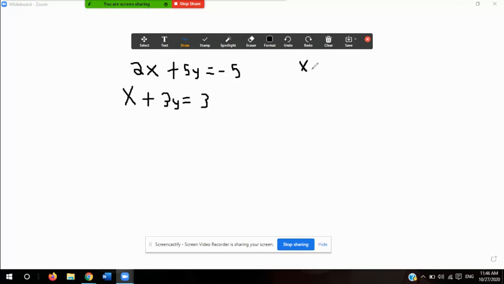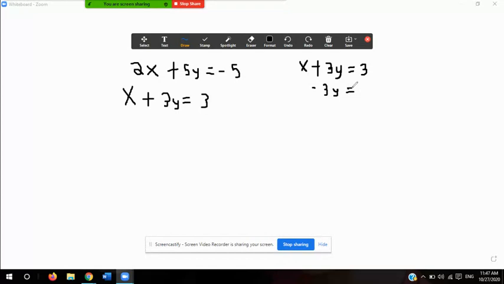Basically, what I'm going to do is subtract 3y, or move the 3y to the other side, however you prefer. I apologize, I lost control of this for a minute.